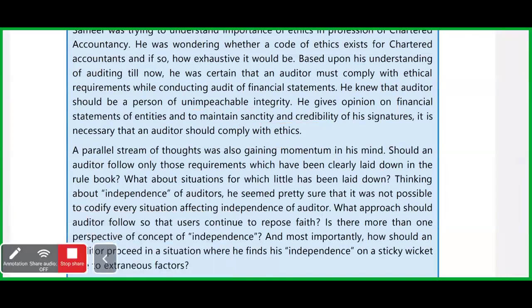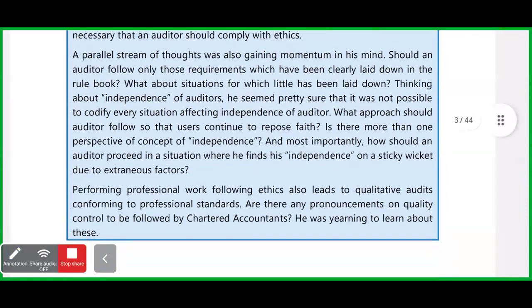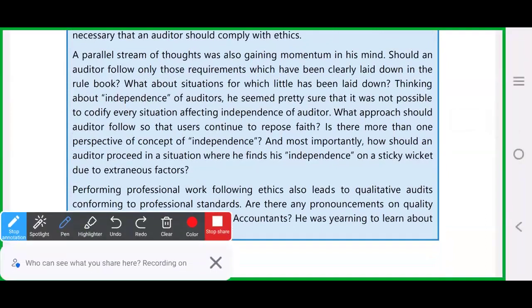So a parallel stream of thoughts was also gaining momentum. That is, should an auditor follow only those requirements which have been clearly laid down? What about the situations where his independence comes into the picture?